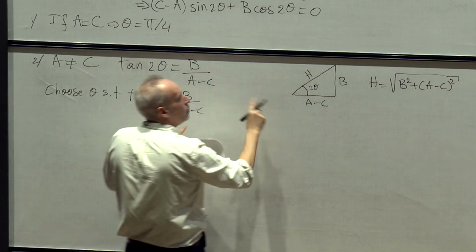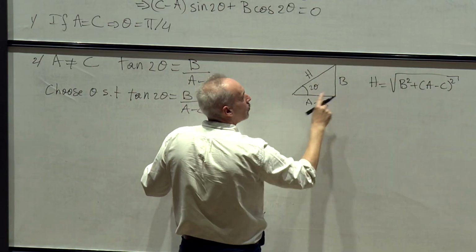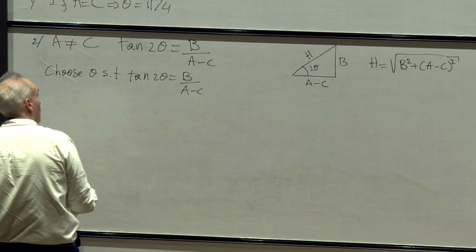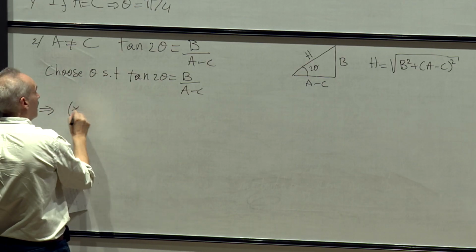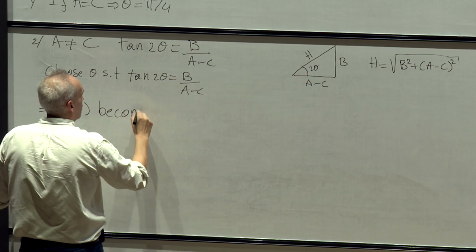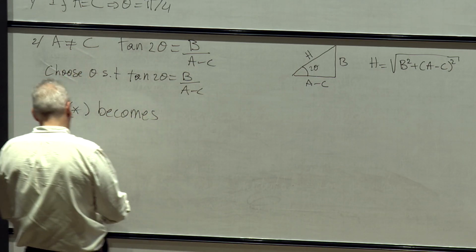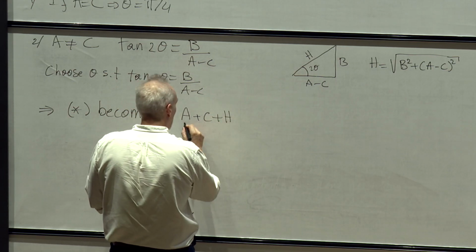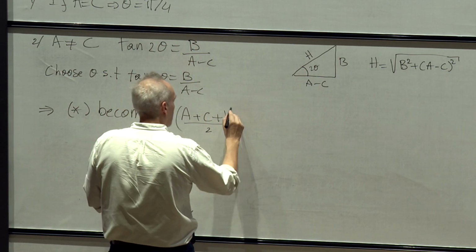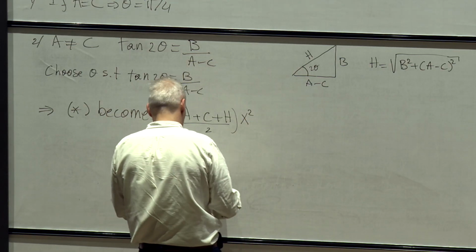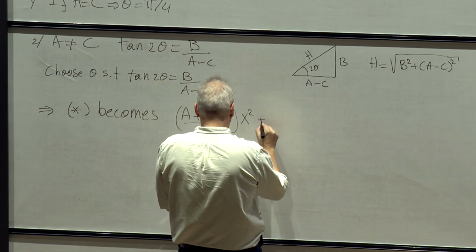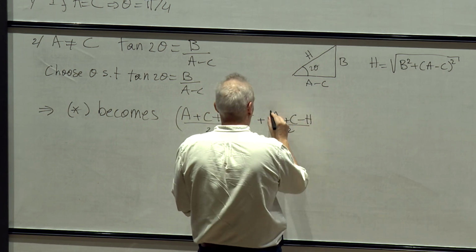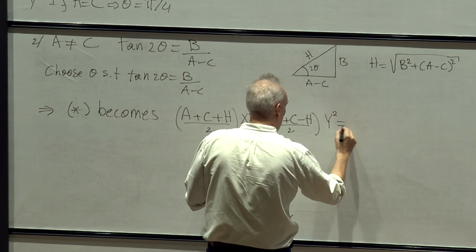Then I use a minus c, b, and h to rewrite all the cosines and sines in terms of the coefficients. It's a little bit of a trick, but when you do that, what you obtain is (a plus c plus h) over 2 times X squared plus (a plus c minus h) over 2 times Y squared equals 1.